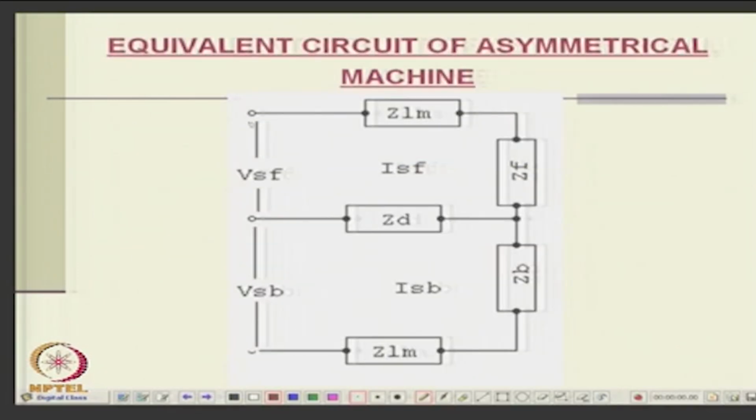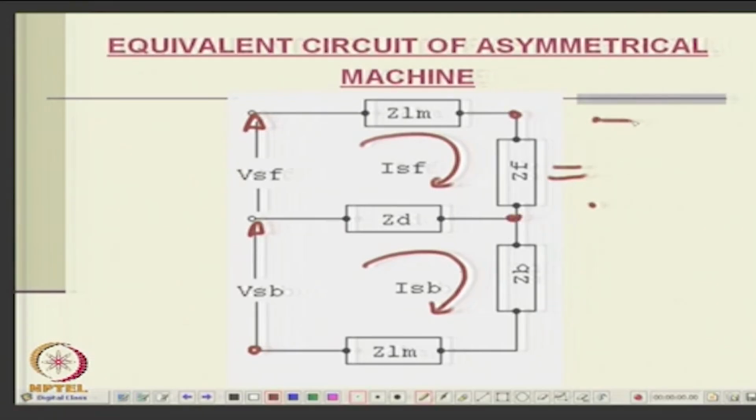So, this is what the equivalent circuit it has been redrawn here. So, this will be ISF, this will be ISB, okay, ZLM and this, and you know this, if you want to expand this here, okay, same thing here also.